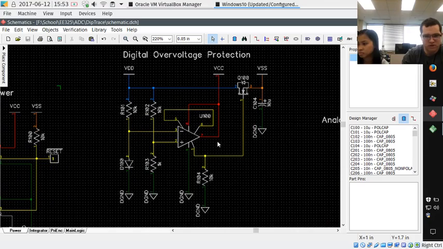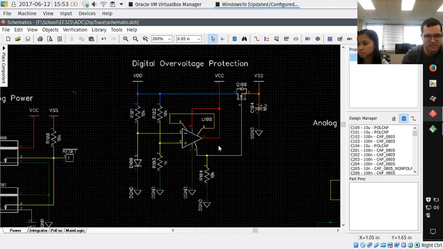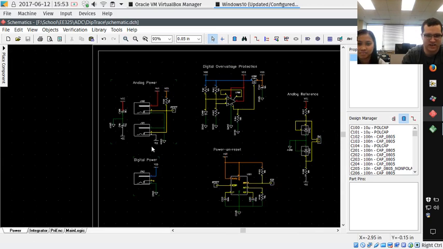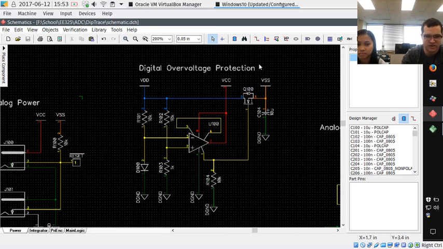It is worth noting also that we just added this because we were going to use the same type of power jack for the analog and digital power, and digital chips do not like 15-volt supplies in general.